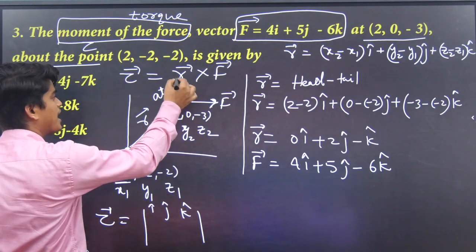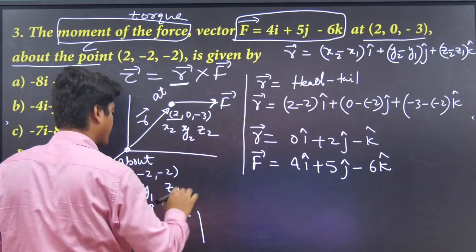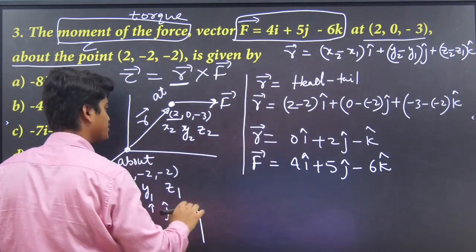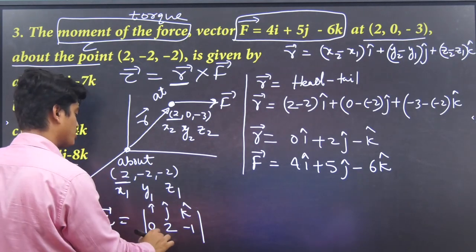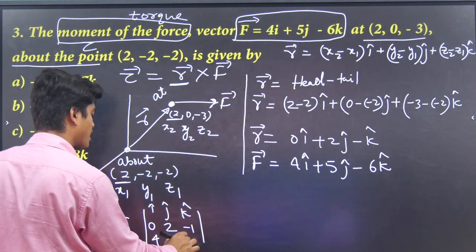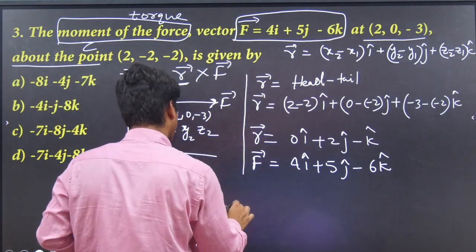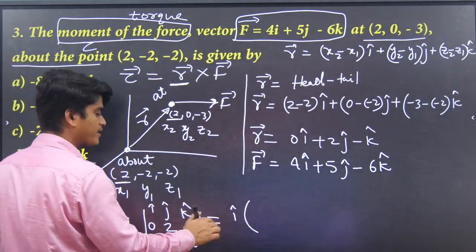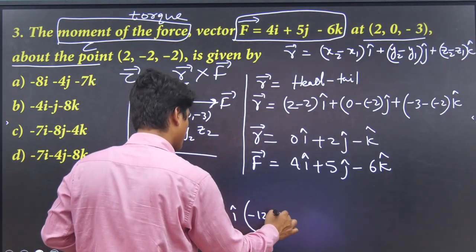Now see first R is there, so first R coefficient I will take. So I coefficient of R is 0, J coefficient of R is 2, then minus 1. For F it will come 4, 5, minus 6. Now multiply here. Now here I cap. So multiply 2 and minus 6, it is minus 12. Then it is minus minus plus 5.